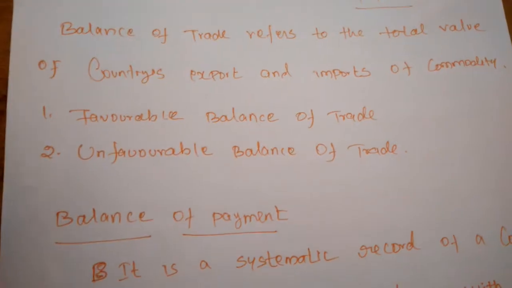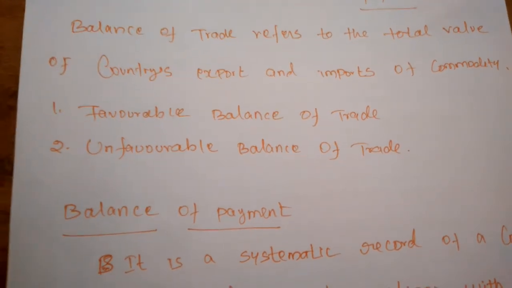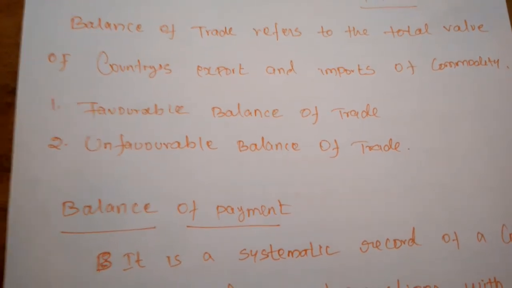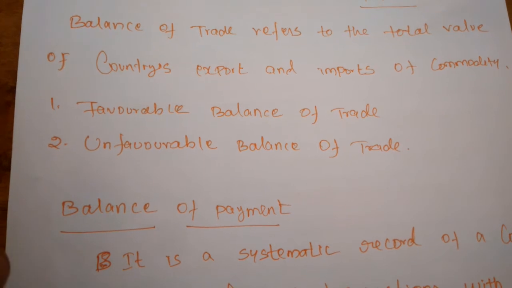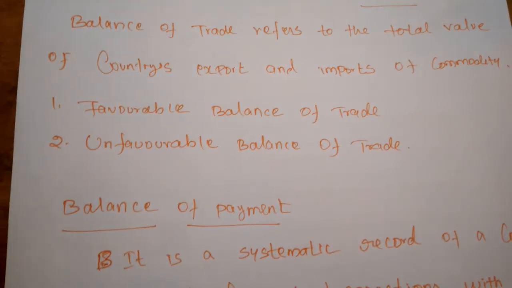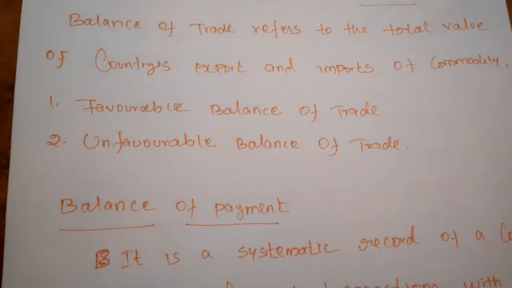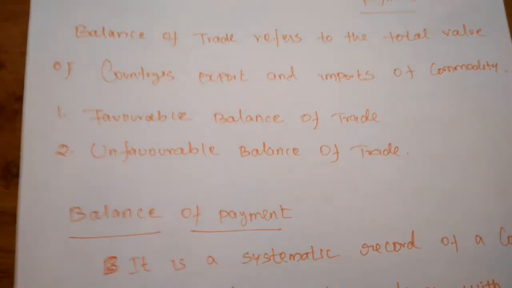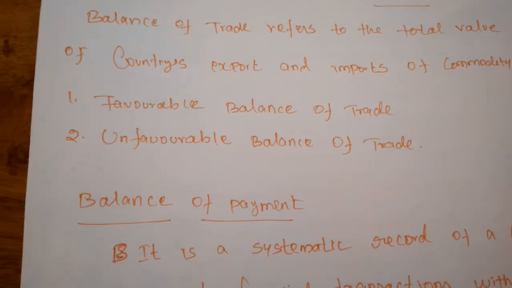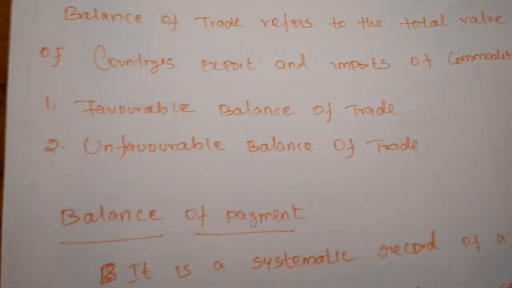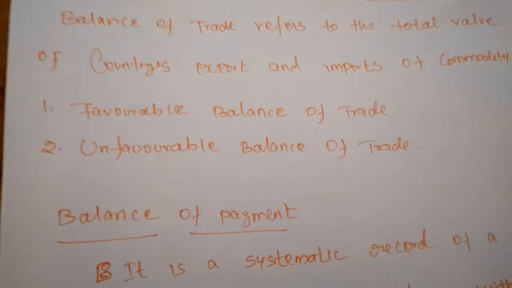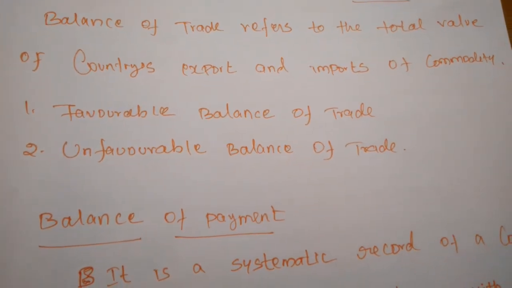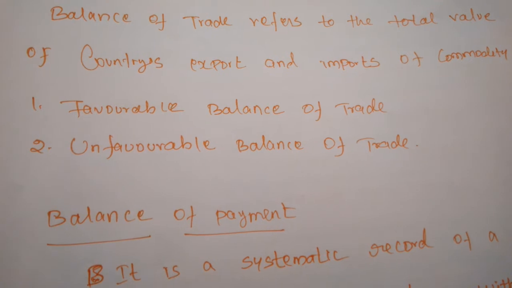The export is greater than the import. So when we have a higher level of export than import, the nation gets the profit only. When they are earning profit from the trade, it is called a favorable balance of trade.